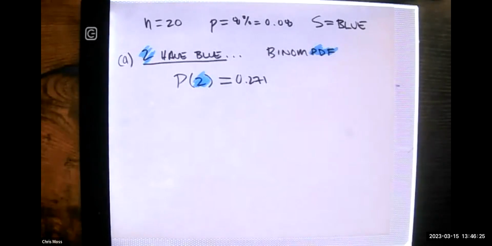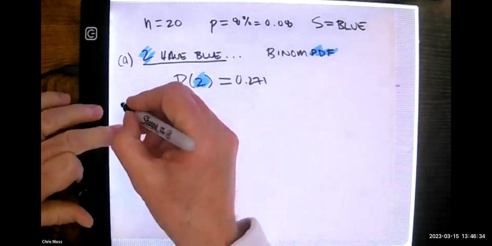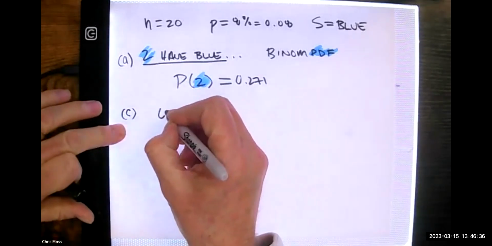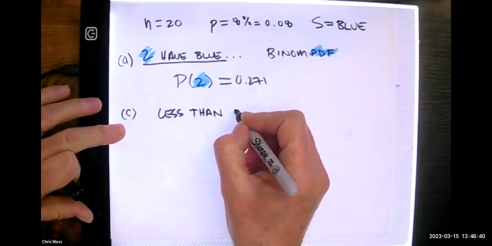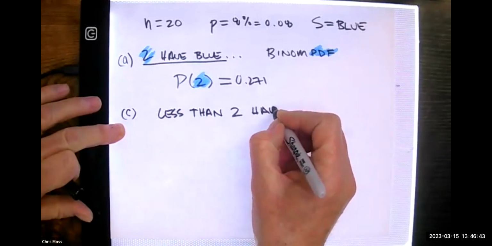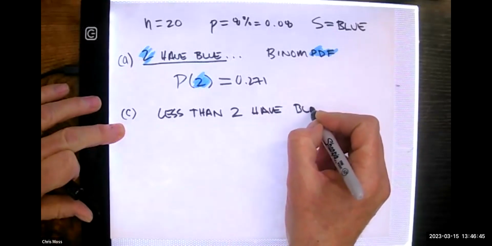Now, I'm going to jump down to C. Less than 2 have blue eyes.